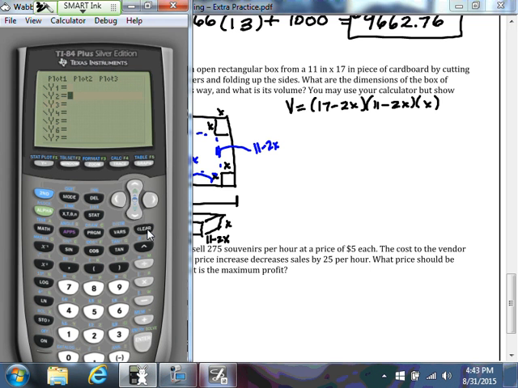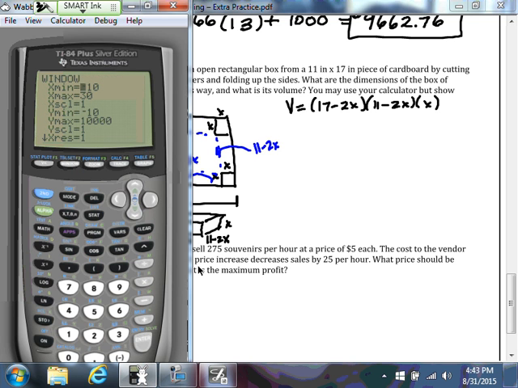So under our y equals, we're going to put in exactly that equation. So we're going to have parentheses 17 minus 2x, 11 minus 2x, and then x. Okay, and we're going to go to window.